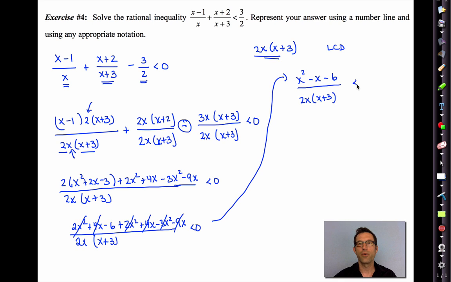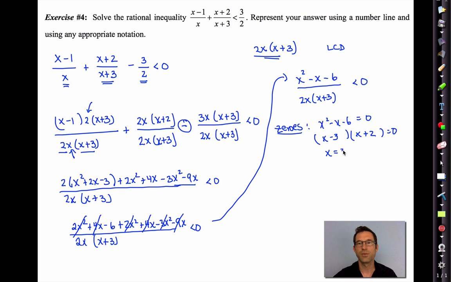Now again, you might be wondering, why am I not multiplying out the denominator? Well, eventually I want to know the zeros of the denominator. So first, let's find the zeros of the numerator, which are the zeros of the overall expression, x squared minus x minus 6 equals 0. Then I'll just factor this, and I'll get x minus 3 and x plus 2.